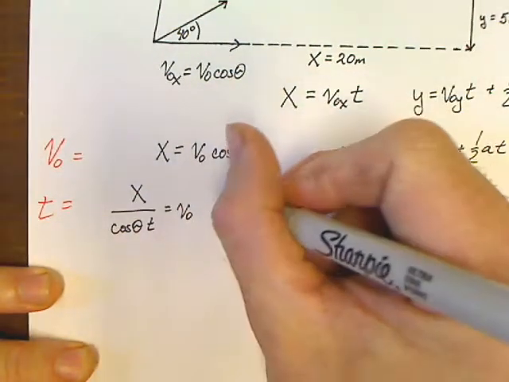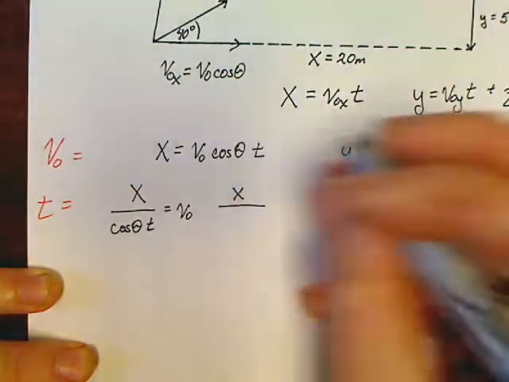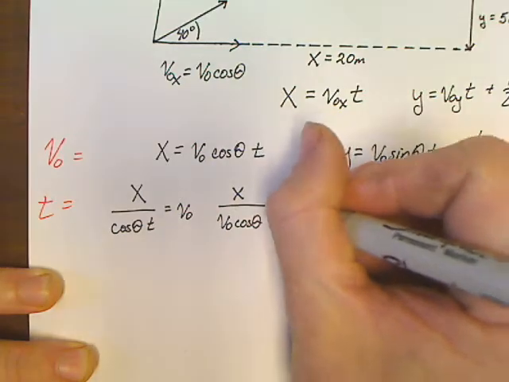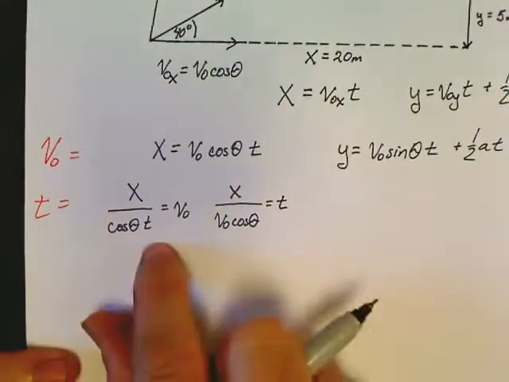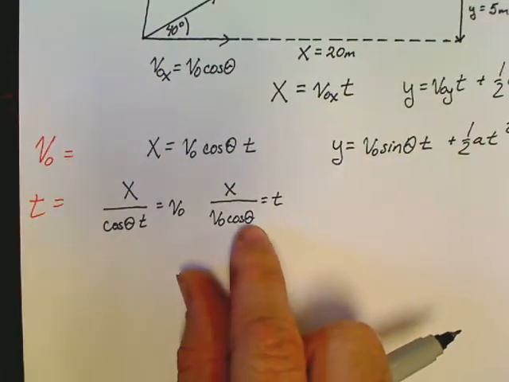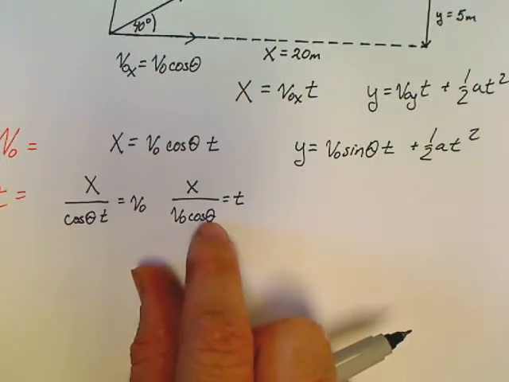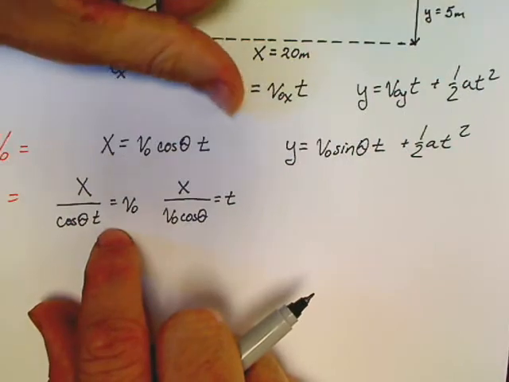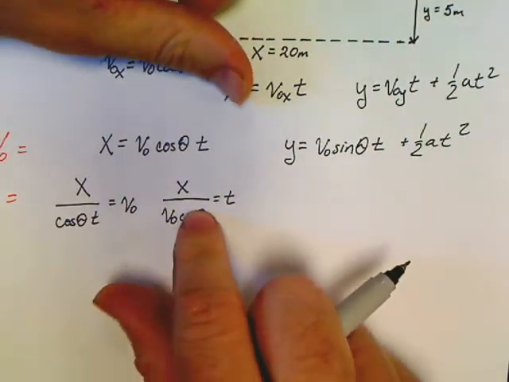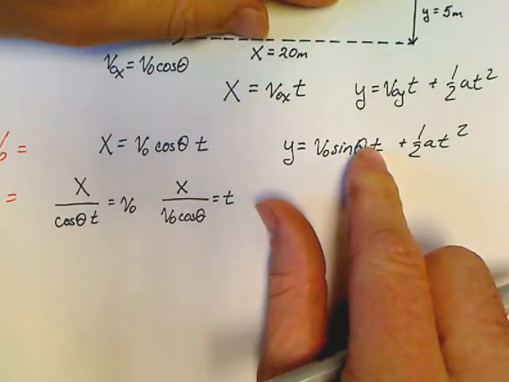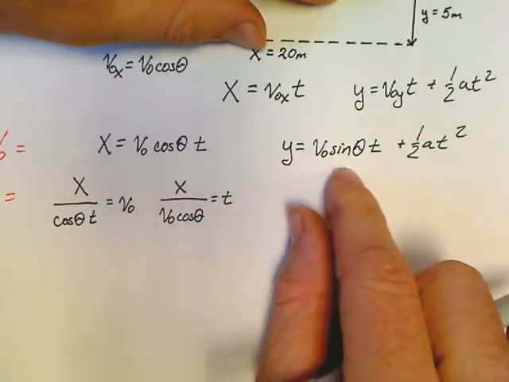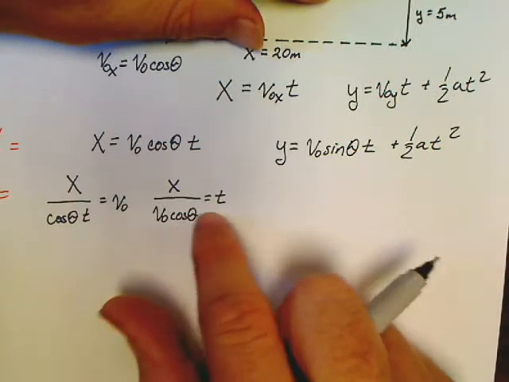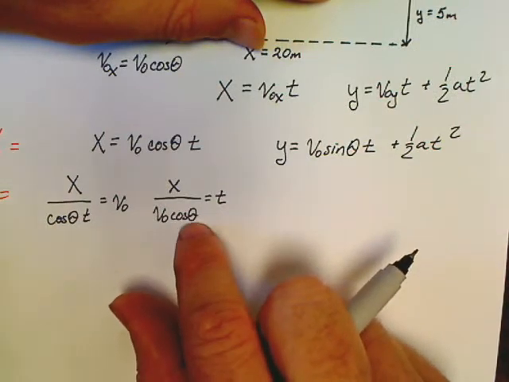Well, I would have x over VO cosine theta for t. So I've got two ways of doing it. Both are exactly right. The problem actually wants VO, which means the reality of it is I should plug this t back in, and then that way all I'm left with is VO. But here's the thing. For most of you, your math sometimes is not what it should be.